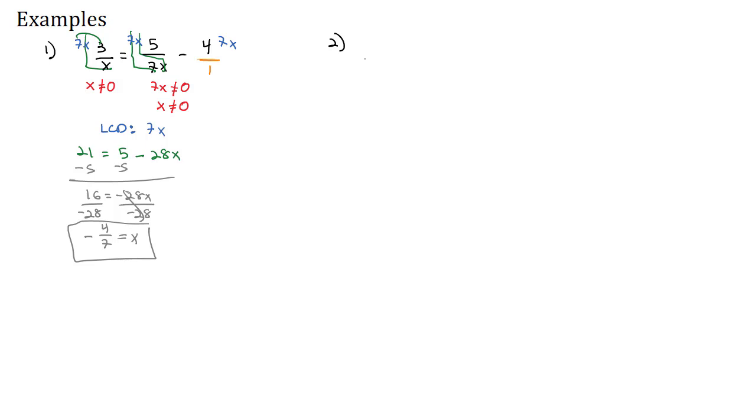Let's try a second example: 4 over x plus 5, plus x, equals negative 2 over x plus 5. Again, the first thing I'm going to do is notice that the x can be rewritten as over 1, so it also is a fraction. Also, for my not allowed values, both of these x plus 5s match, so we only have to do it once. x plus 5 is not allowed to be 0.